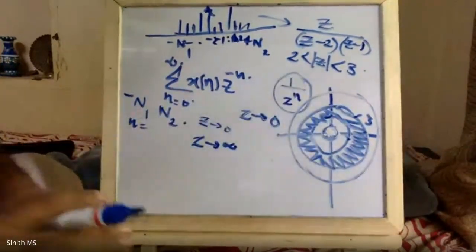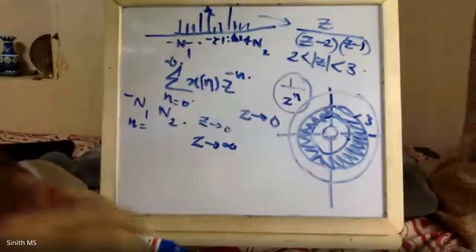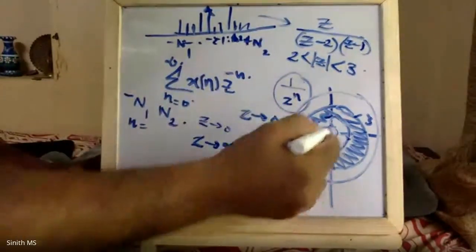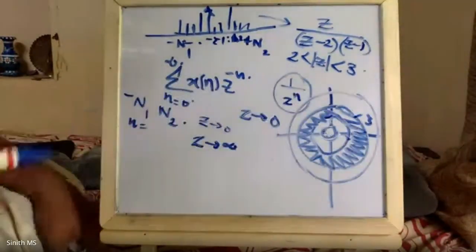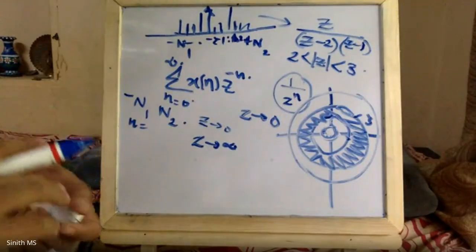It will never include z equal to 0 as well as z equal to infinity. I hope it is clear to you.